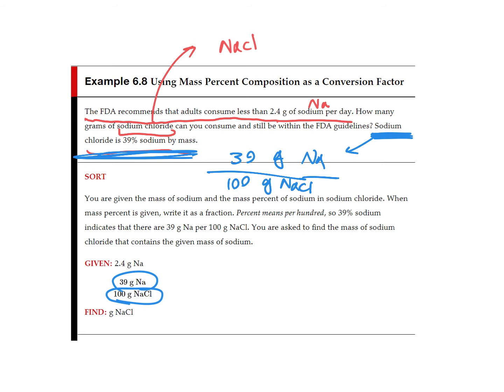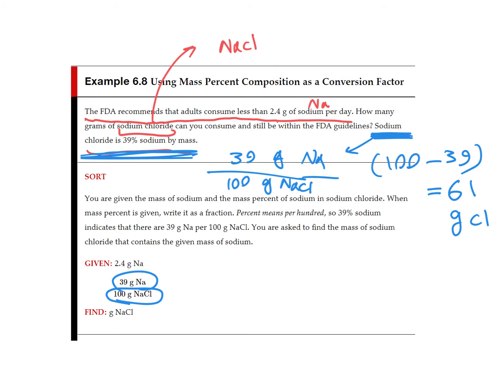So how many grams, out of 100 grams, would be chlorine or chloride, Cl minus? Exactly, 100 minus 39, right? Which would be 61, right?